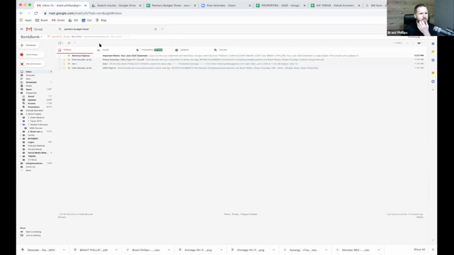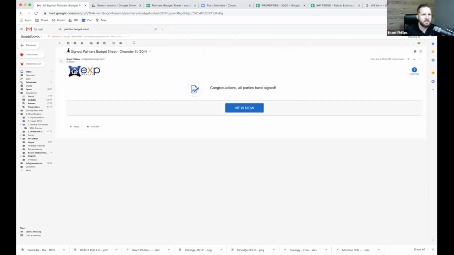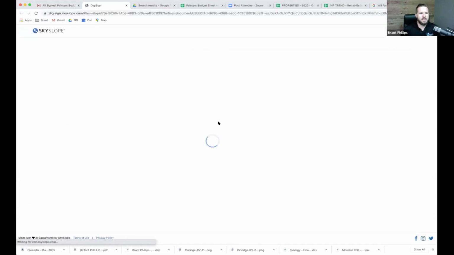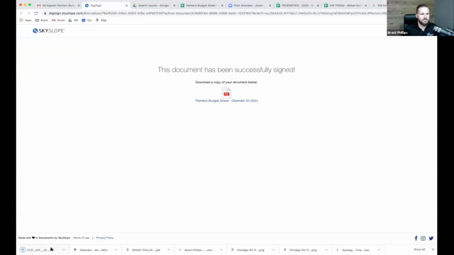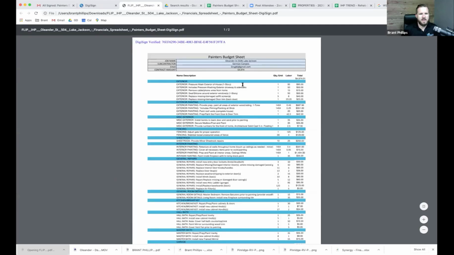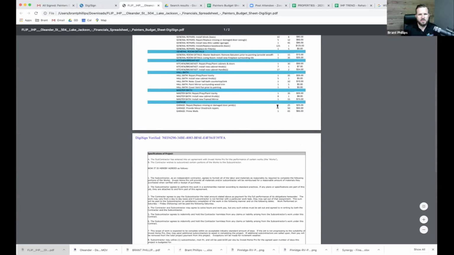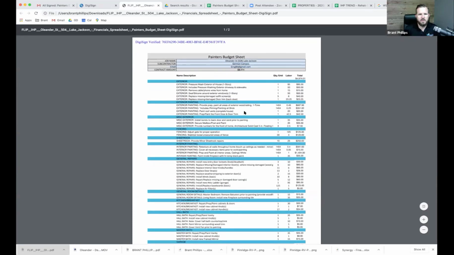All signed, painter's budget sheet. Well, this is pertinent because it's oleander, right? So we would get a signed copy of that project so that our painter, for example, you can see painter's budget sheet, the project, the painter's name, the budget amount, and quantity, labor, total, shows the total amount that we're paying him.